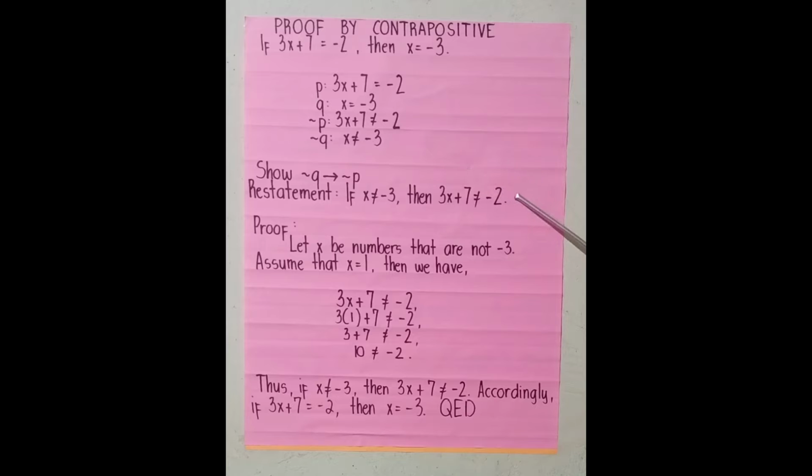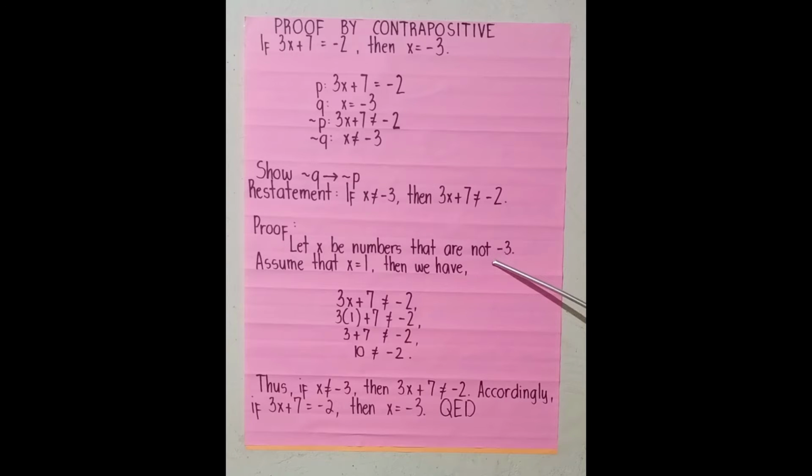So the restatement: if x is not equal to -3, then 3x + 7 is not equal to -2. In proof by contrapositive, instead of proving the given statement, we will prove this restatement of the given statement.